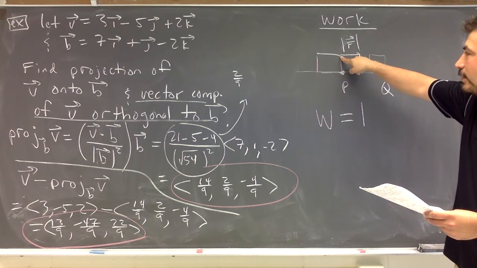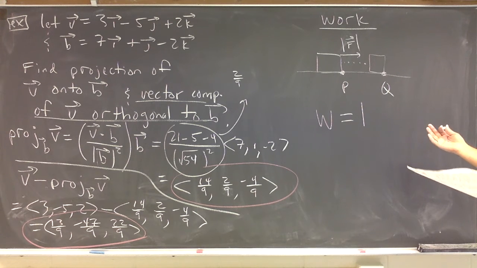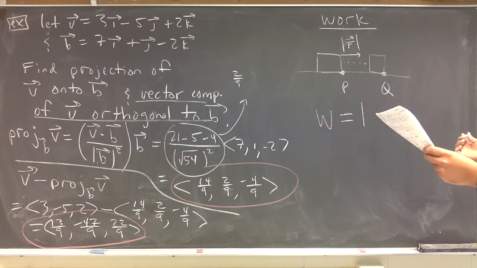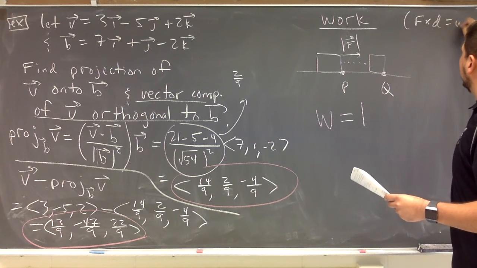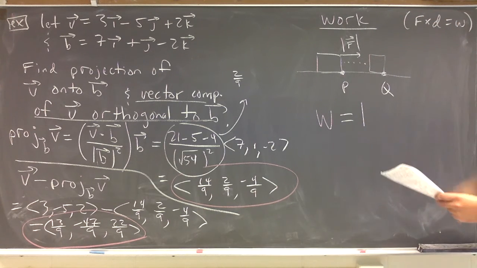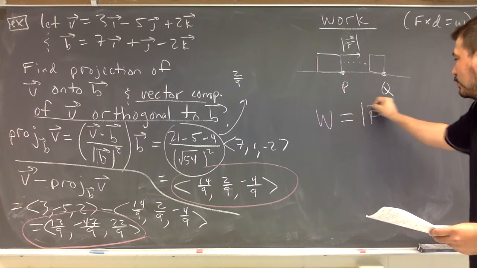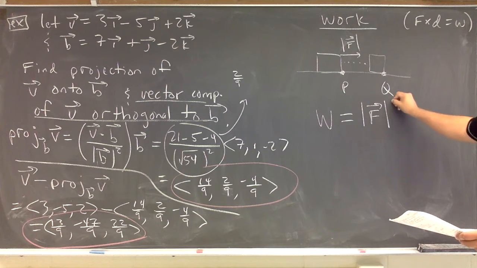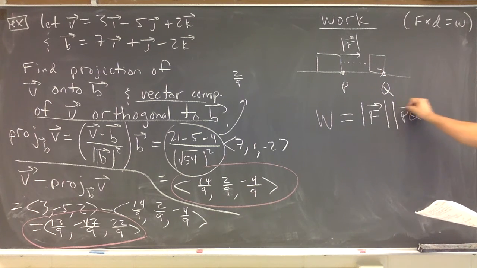So take the magnitude of the force times this distance there, and then now you have the work, right? So again, keeping in mind, I think this is probably as simple as you guys did it last year, right? Force times distance is work. We're kind of clarifying all that stuff now and saying it's really the magnitude of the force vector times this length from P to Q. We're going to say vector PQ's length using that notation.